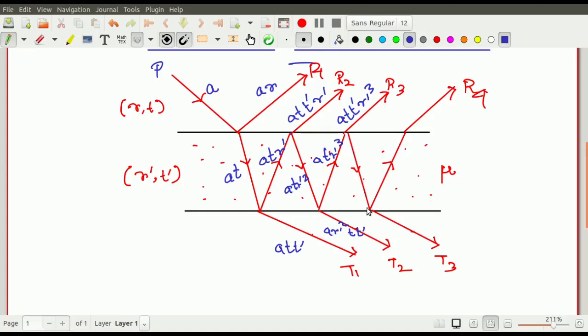Now in the downward portion, a t r dash cube is reflected, so that should be a t r dash to the power of 4, and this one is a t r dash to the power of 5. So again transmission, t dash r dash to the power of 5. Whatever was there, you multiply t dash with that. Whatever is there will definitely be present, but one t dash gets multiplied. So the rule is the same, one t dash just gets multiplied, right?